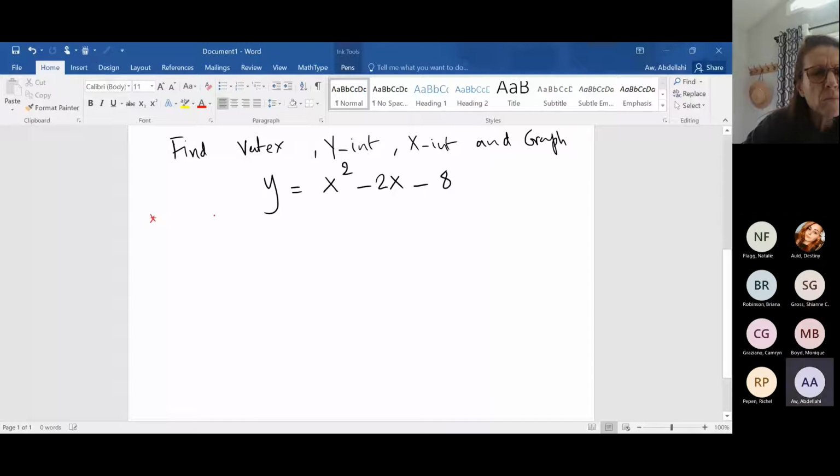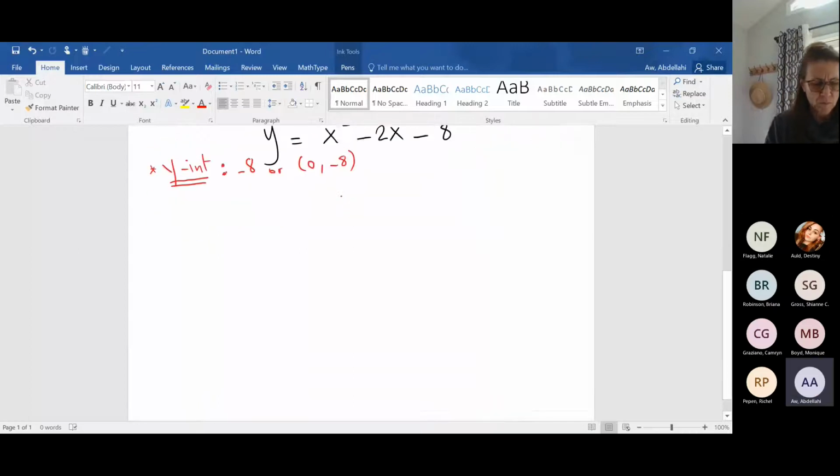We said no calculation is needed. Can somebody tell me what the y-intercept is? -8, thank you. Some people write only the value, or if you're doing, for instance, My Open Math, it may ask you to write the point. It is the point 0 for x, -8 for y.